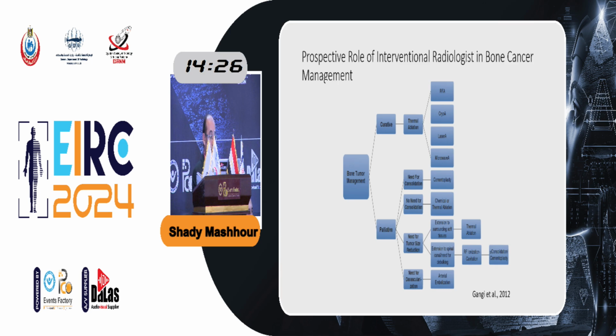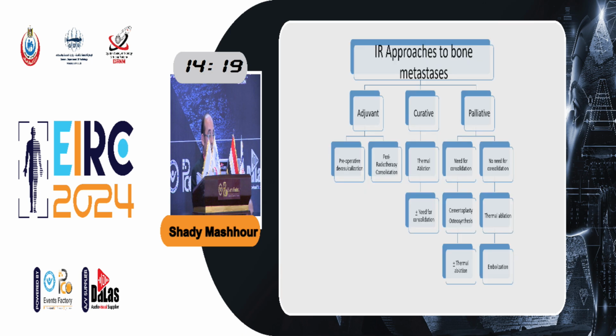This was a scheme postulated by Professor Afshin Ganji back in 2012, and we tried to add to this technique my approach, or how I approach such lesions in bone metastasis.